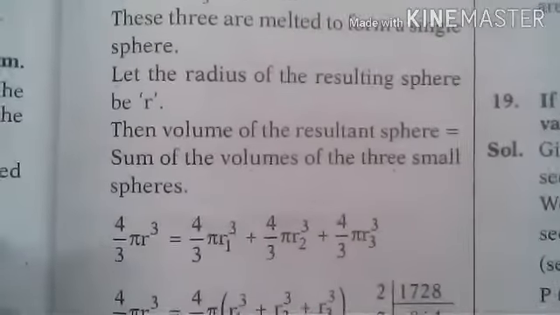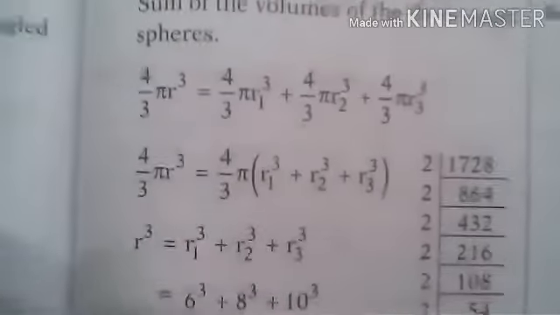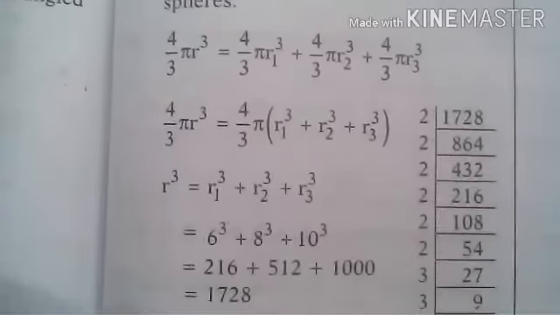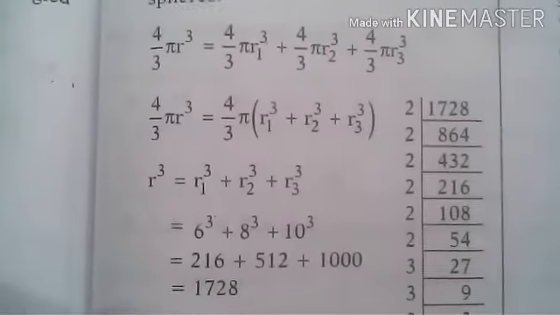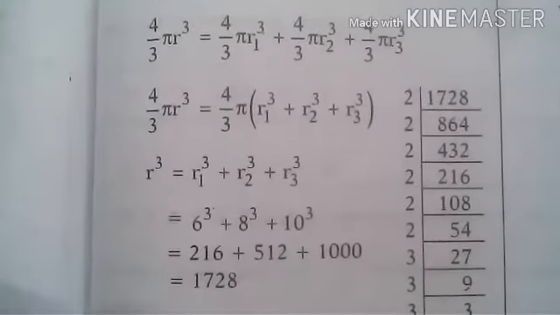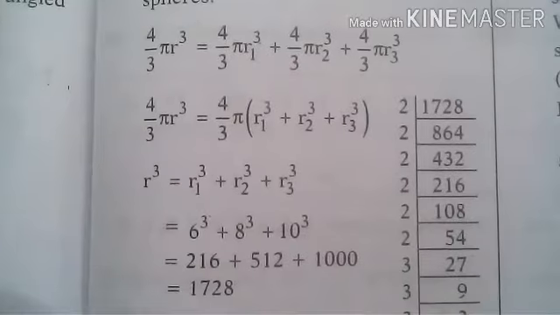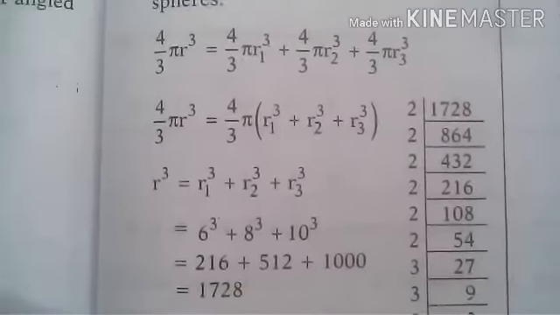The volume of resulting sphere is equal to sum of the volumes of 3 spheres. So 4 by 3 pi r cube is equal to 4 by 3 pi r1 whole cube plus 4 by 3 pi r2 whole cube plus 4 by 3 pi r3 whole cube.